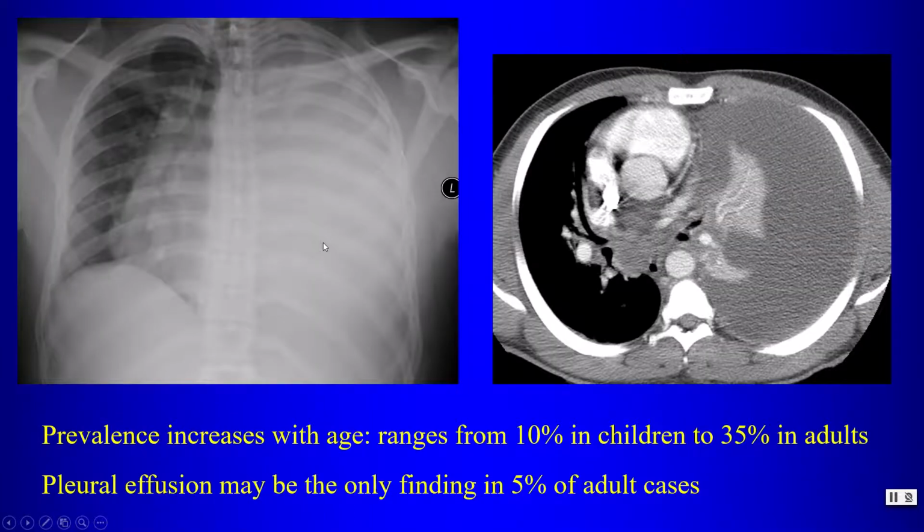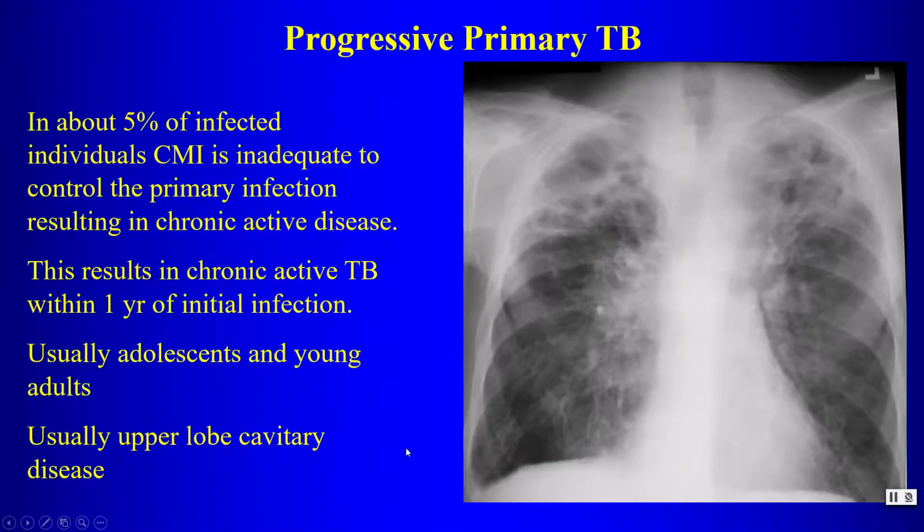So the prevalence of pleural effusion increases with age, so 10% in children to 35% in adults. And pleural effusion may be the only finding in 5% of adult cases with tuberculosis. So in a patient with a large pleural effusion, it might be the only finding. We need to think about tuberculosis, especially in a young patient, in our differential diagnosis.